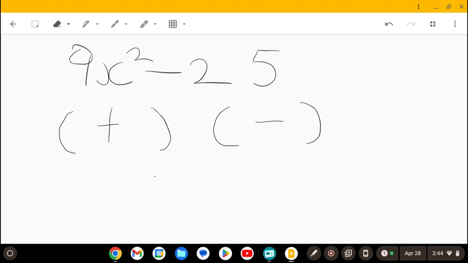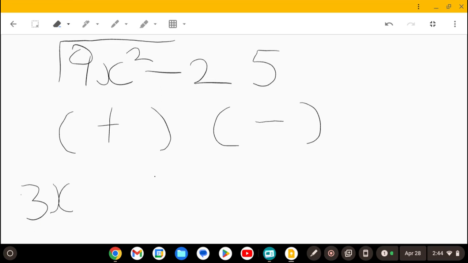Now what we need to do is first look at 9x squared. We're going to find the square root of 9 and x squared. What's the square root of 9? 3. What's the square root of x squared? That would be x, because to find the square root, you're basically finding a number or a letter which you multiply by itself twice to get the number.